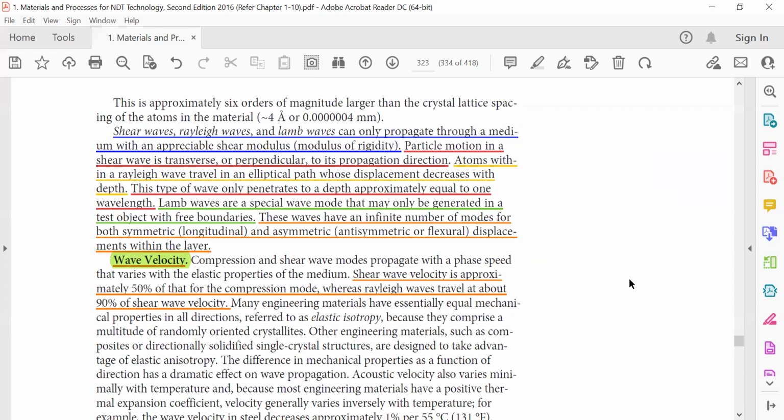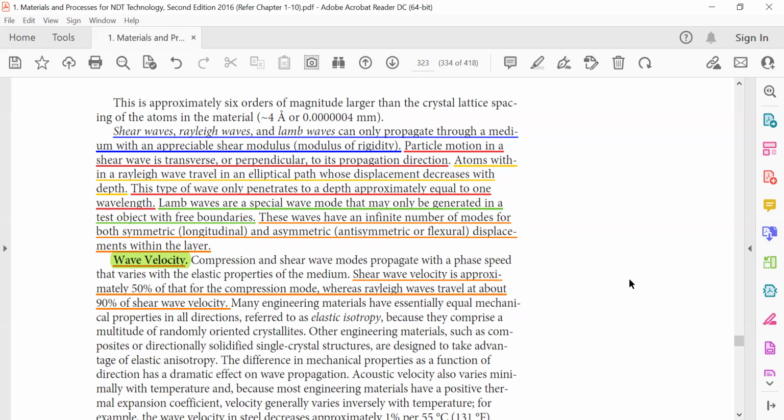Atoms in a Rayleigh wave travel in an elliptical path whose displacement decreases with depth. So it can go up to 1 lambda max. This type of wave only penetrates to a depth approximately equal to 1 wavelength.